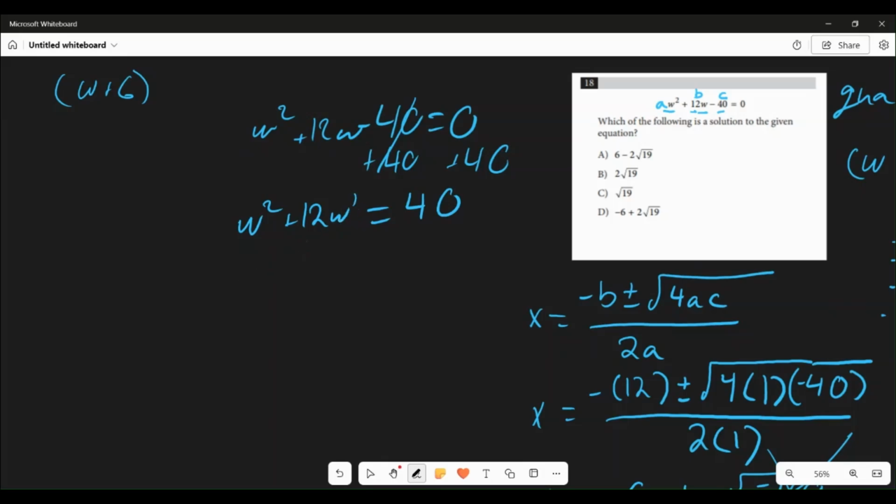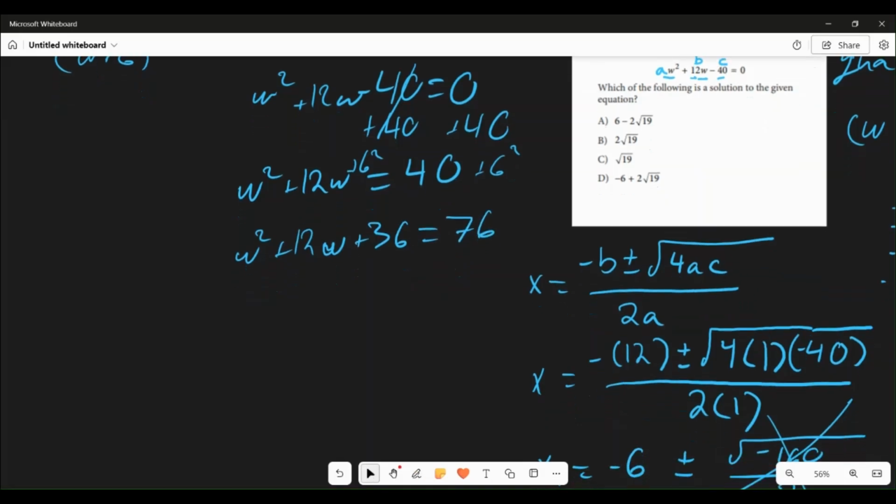So we would add plus 6 squared here and plus 6 squared here. So then we get w squared plus 12w plus 36, because 6 squared is 36, is equal to 40 plus 6 squared, or 40 plus 36, which would be 76, right? And now we can factor this.